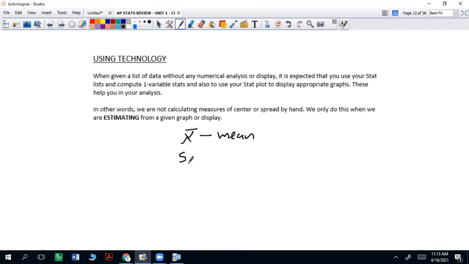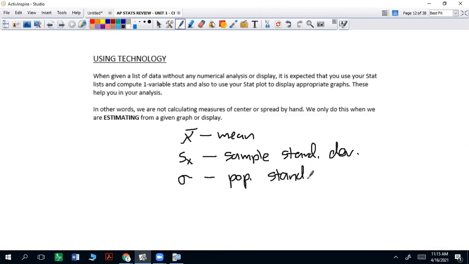Usually there's two standard deviations, right? That's the sample standard deviation. And then there's this, population standard deviation. Never use that unless you're specifically told that is everybody in the population.